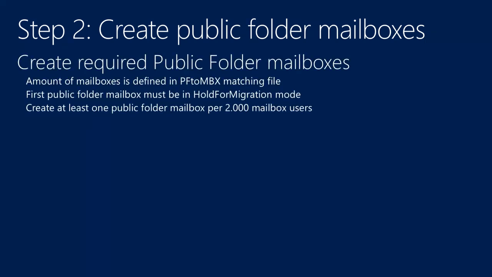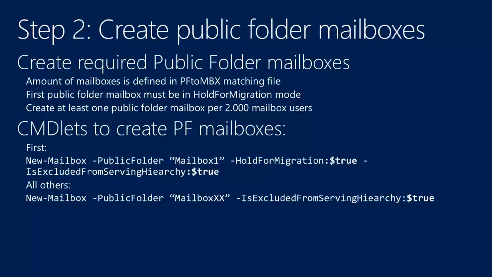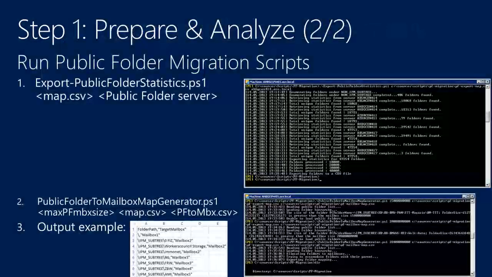So then you create the public folder mailboxes, and you create the first one. You need to create it with hold for migration and is excluded from serving hierarchy, and then all the rest you just create using is excluded. But let me, I jumped over something. This is the output of the script, and this output tells you how many public folder mailboxes you need.